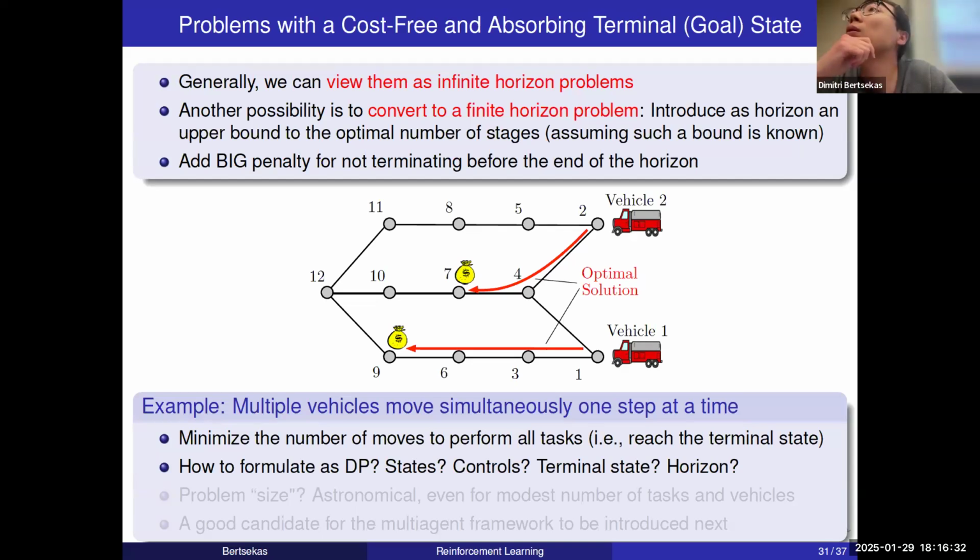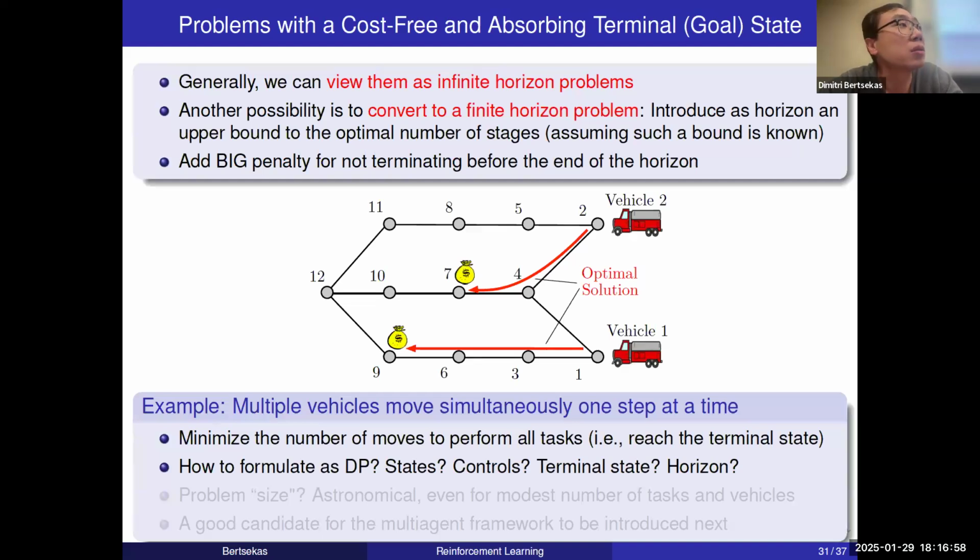Sorry? The nodes in the graph. Vertex in the graph. Sorry? Visited so far, so for a vehicle at a certain location, the state would include whatever we have visited so far.